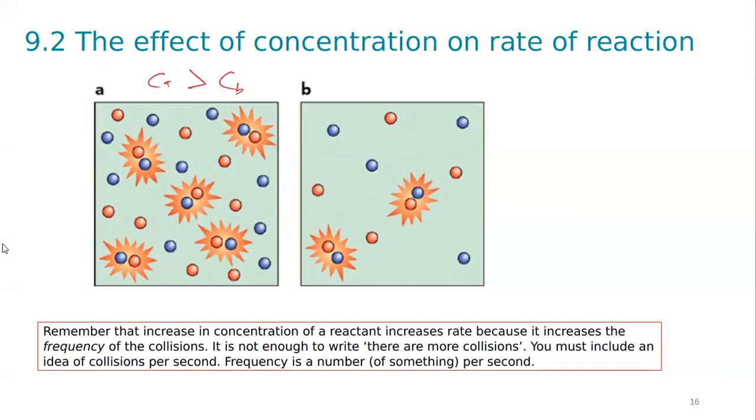In box A there are more reactants, so the probability of collision is higher, and the frequency of effective collision is higher. That is the role of concentration. When you increase the concentration, you increase the number of particles in the reactor, so there are more collisions and the chance of effective collision is higher.